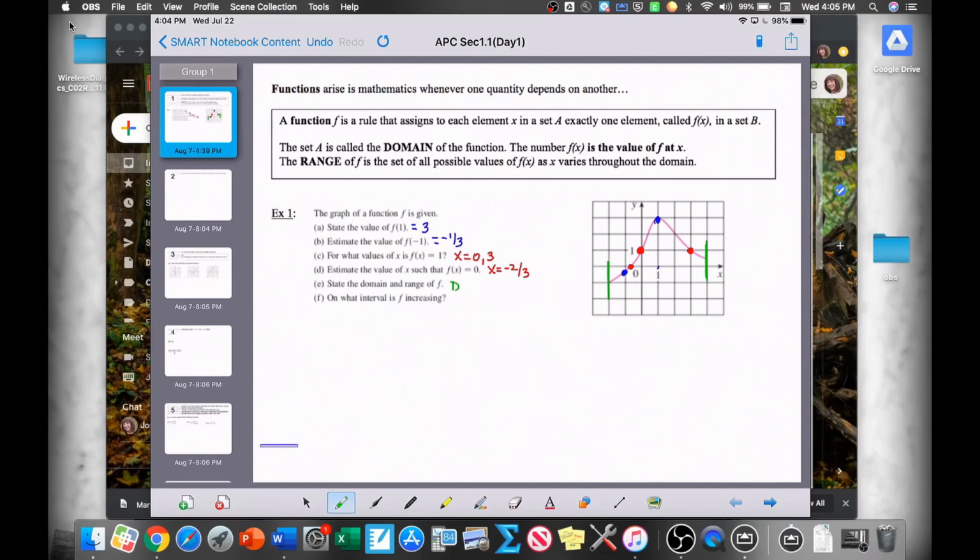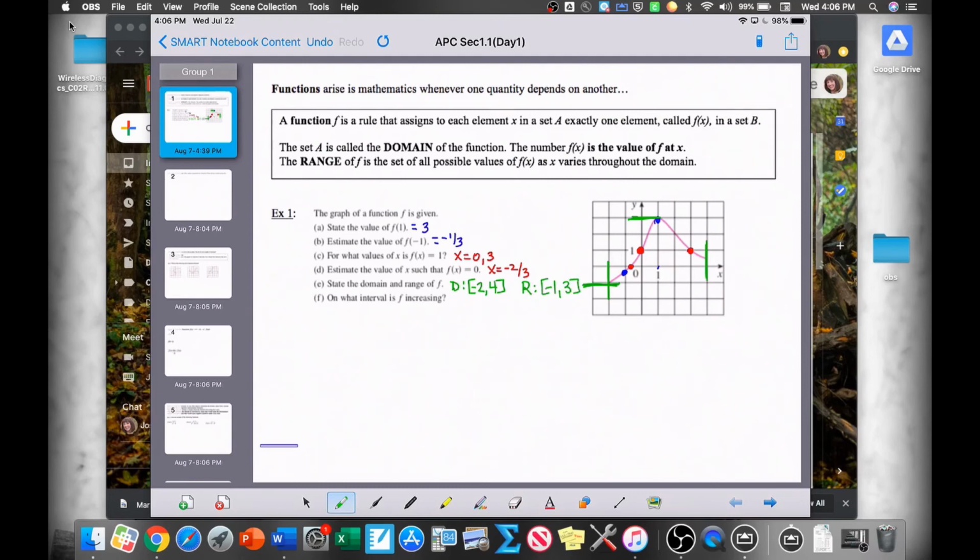So my domain, using square brackets, is negative 2 to positive 4, showing that negative 2 is included and positive 4 is included. My range would be where this graph lives along the y-axis, so basically from top to bottom. That would be from here to here, and so our range is from negative 1 to positive 3.